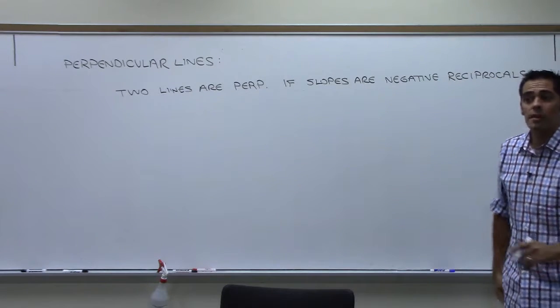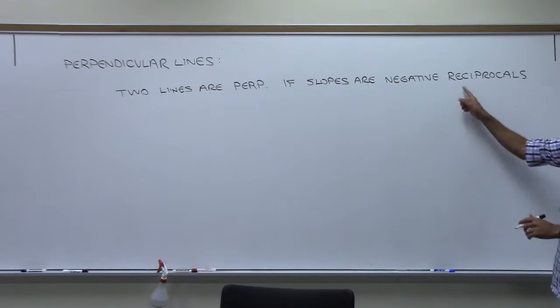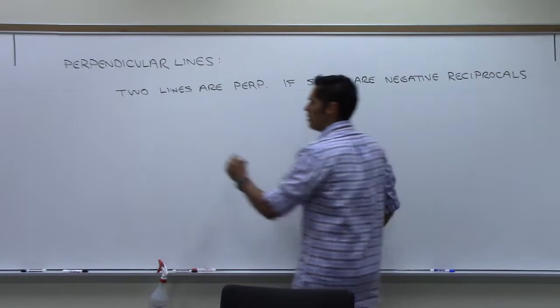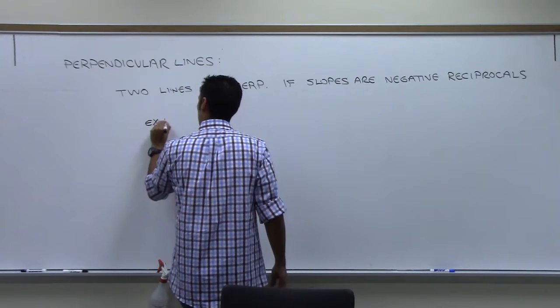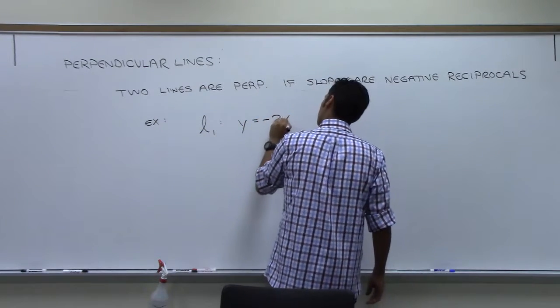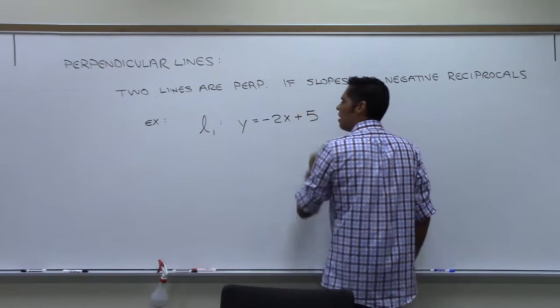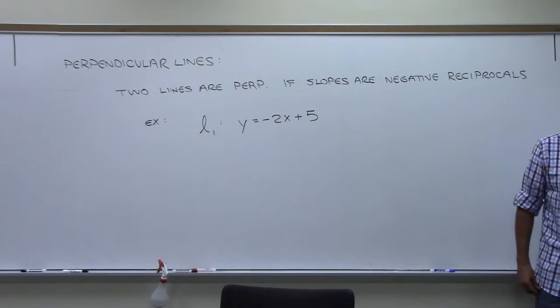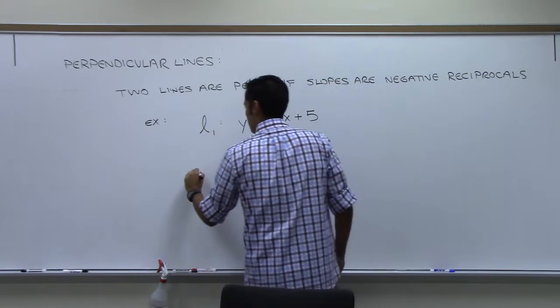So let me show you an example so you understand what negative reciprocals means. If I take line 1 and say y equals -2x plus 5, that's the line we had earlier. Now I come in here with line 2.